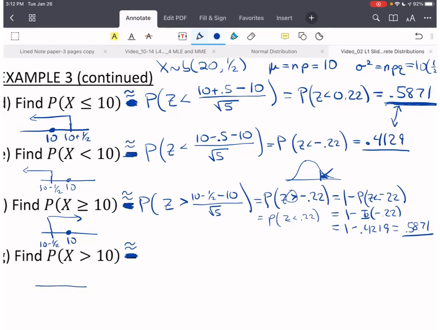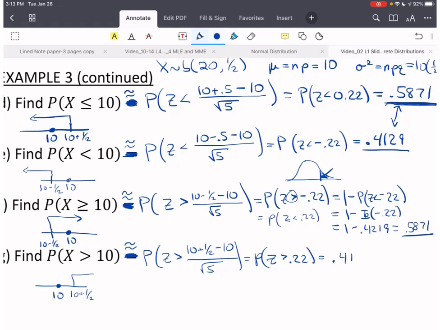Okay, so now I need greater than 10. I don't want to include 10, so I need to come up to 10 plus a half. So I have the probability that z is greater than 10 plus 1 half minus the mean, which is 10, over the standard deviation, square root of 5, equals the probability that z is greater than 0.22, which you can look up directly in your table B, which is 0.4129, which is the same as the probability that z is less than negative 0.22 by symmetry.